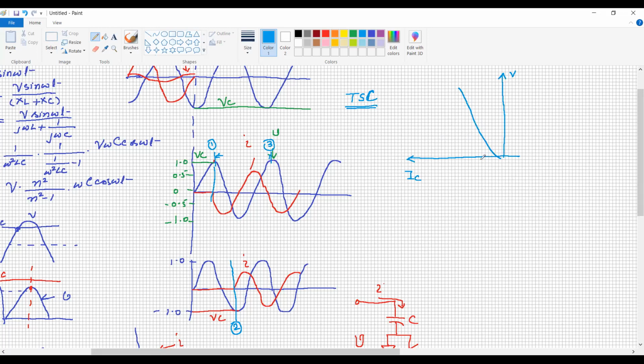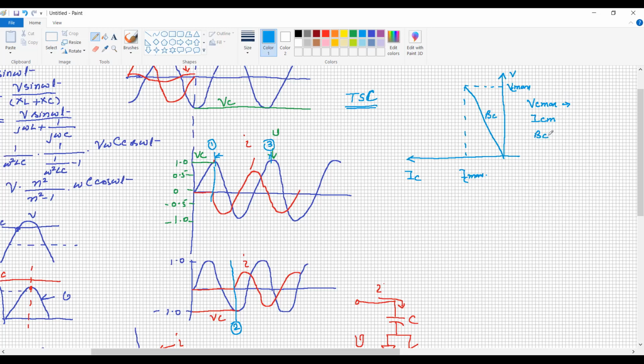Sorry, this is a straight line. This is V maximum. This is I maximum. And this is VC maximum and this is IC maximum, where VC maximum is the voltage limit and IC maximum is the current limit of the capacitor.